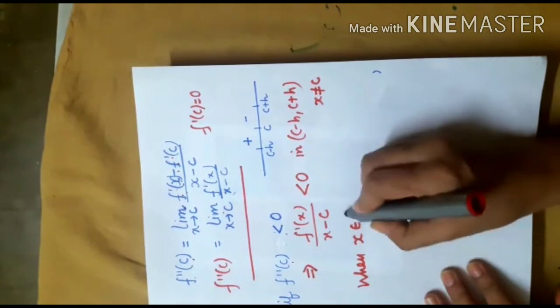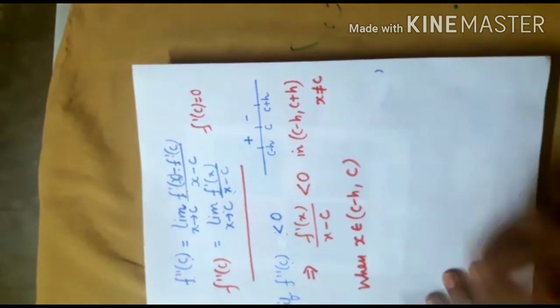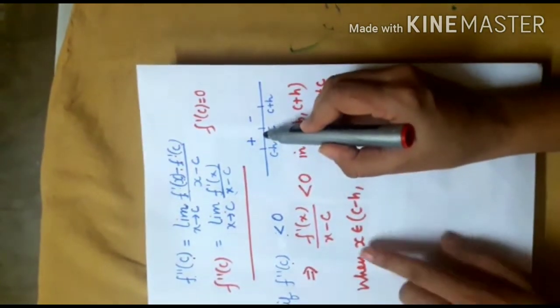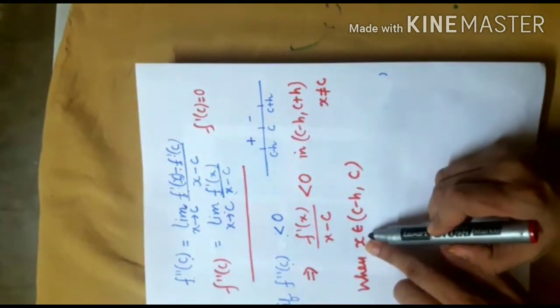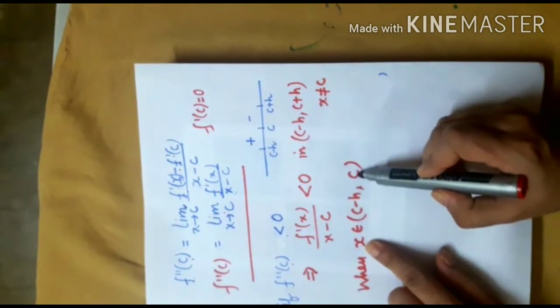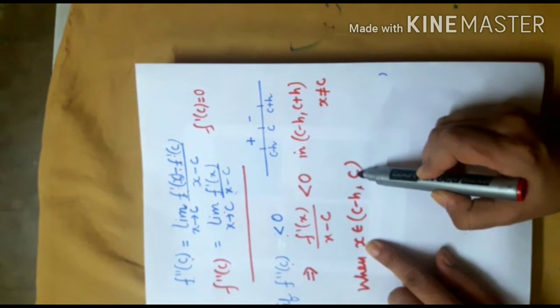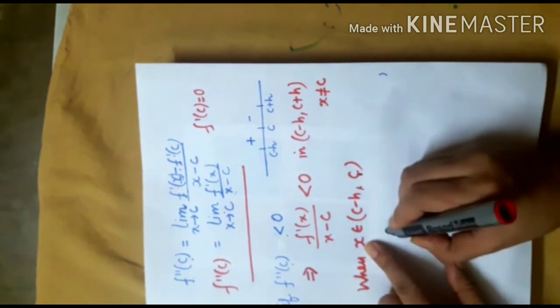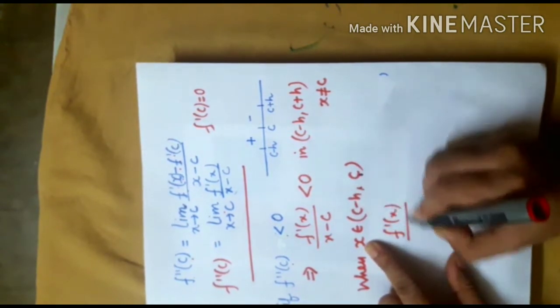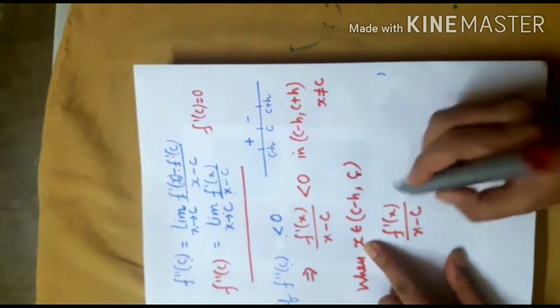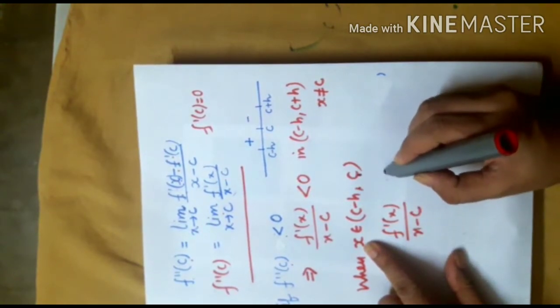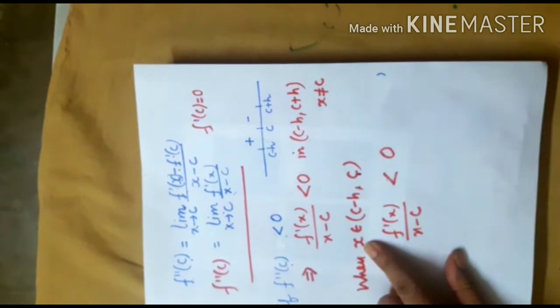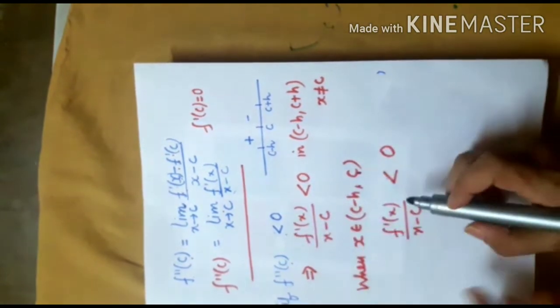When x belongs to this part, then definitely x will be less than c. So f dash x over x minus c we know is less than 0.